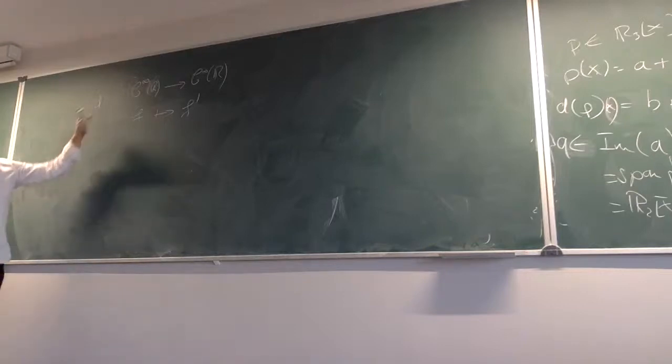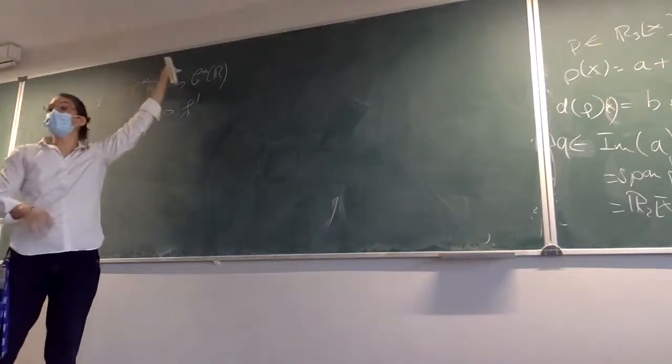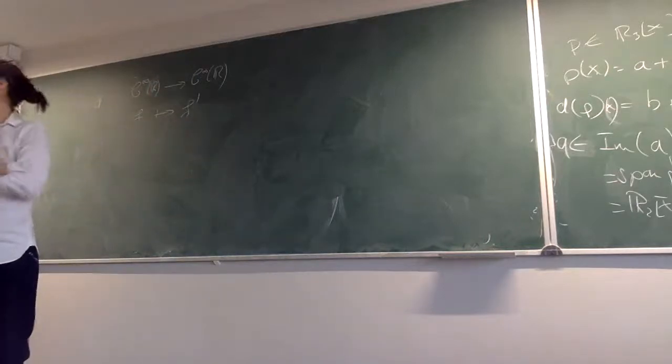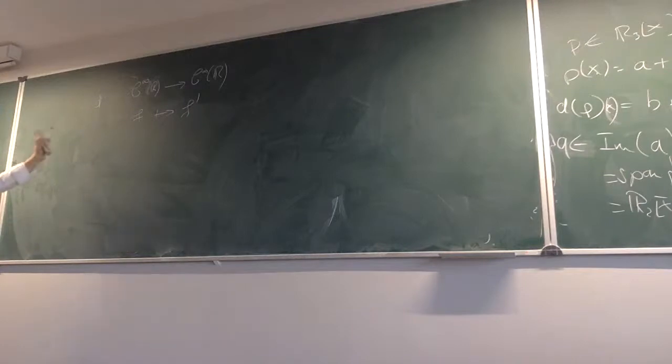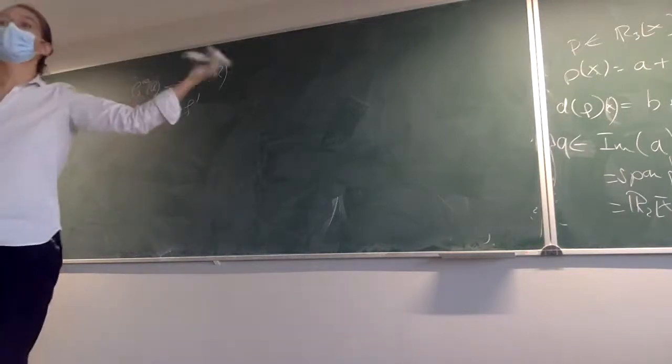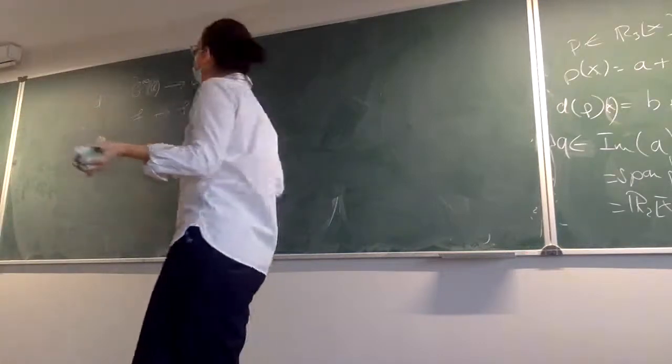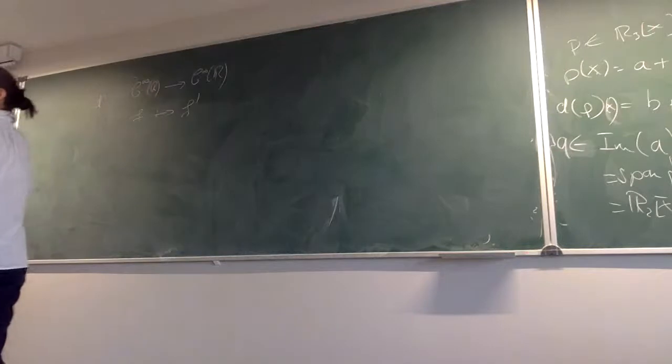If you want to use those words, it is an endomorphism because we go from one space to itself. It's linear for exactly the same reasons as before. The derivative of a linear combination is going to be the linear combination of the derivatives. Now let's look for the kernel and the image.